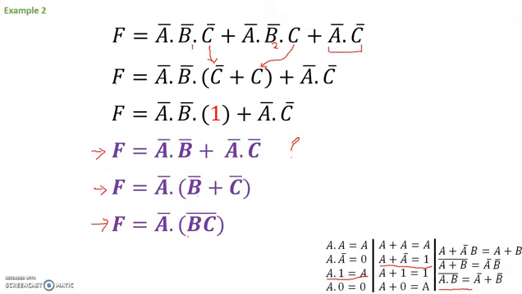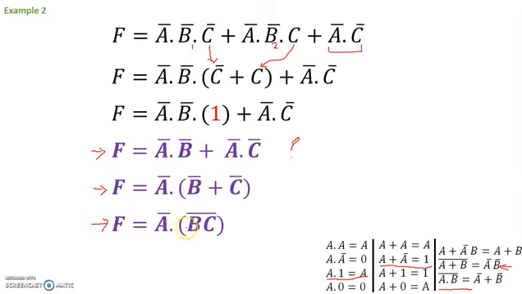Okay? Now some of you might see that this is not A ANDed with, let's call this BC as P. So not A ANDed with not P. Well, here's another De Morgan law that we might be able to use.